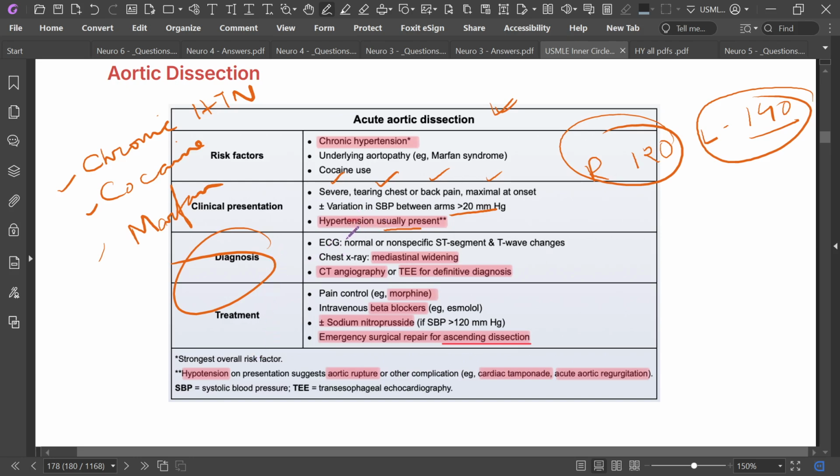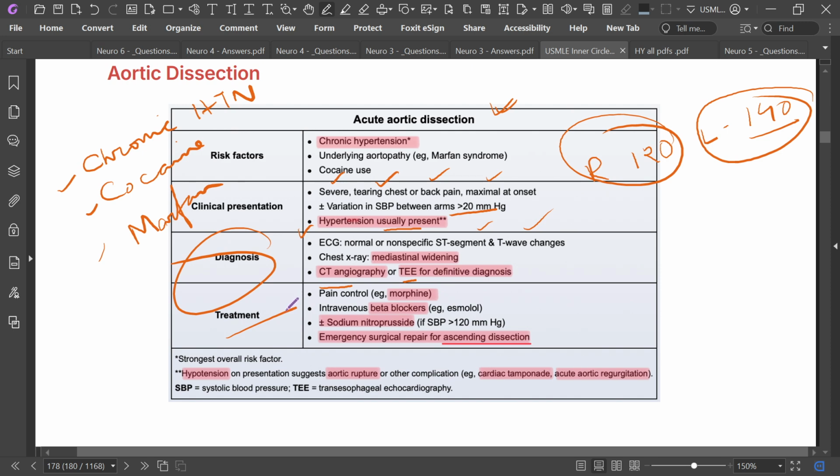But in aortic dissection, you should do echo. If the patient is unstable, transesophageal echo should be done for definitive diagnosis. If the patient is clinically stable, CT angiography should be done. ECG shows non-specific ST segment or T wave changes. Chest X-ray shows mediastinal widening.